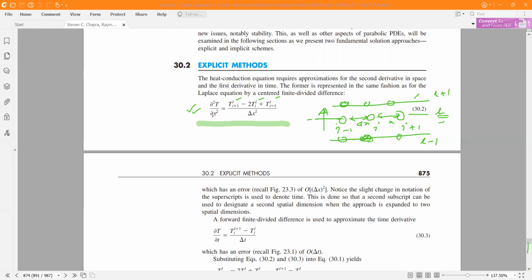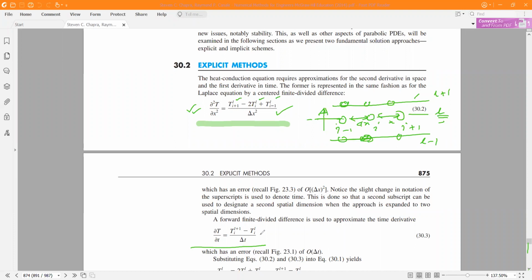So your second derivative in space is obtained at a particular time L by taking 3 space points. Similarly, your time derivative is approximated by using the difference of T in 2 time intervals.